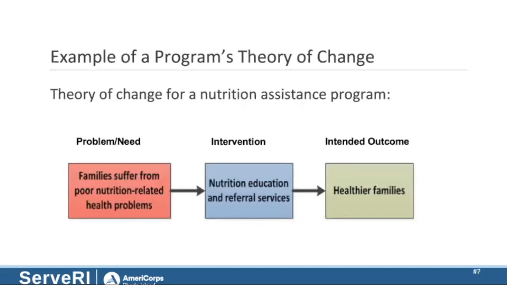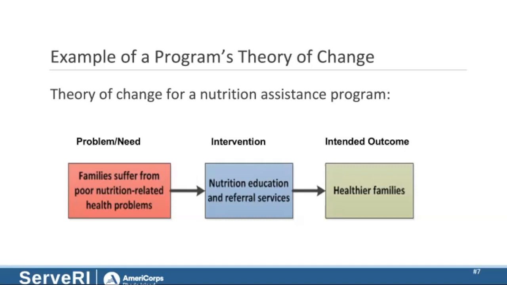Well, what can that theory of change look like in practice? Let's go over an example. On this slide, we present an example of a theory of change for a nutrition assistance program. For this hypothetical program's theory of change, the problem or need that has been identified is that too many low-income families in the community are not aware of up-to-date nutrition information and nutrition resources that are available to them, and therefore they suffer poor health consequences.